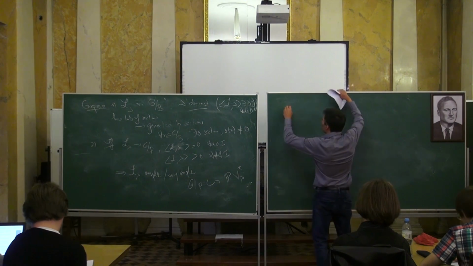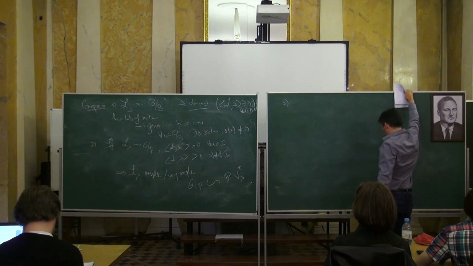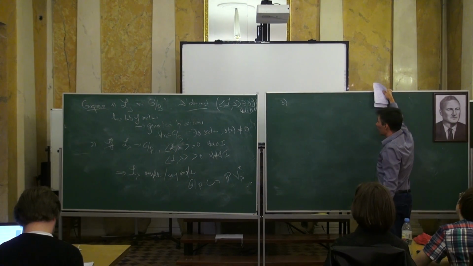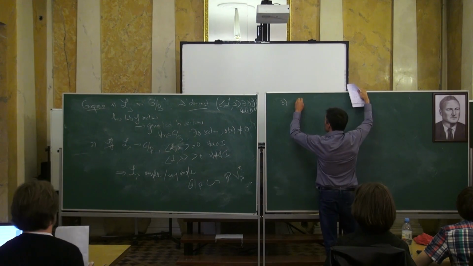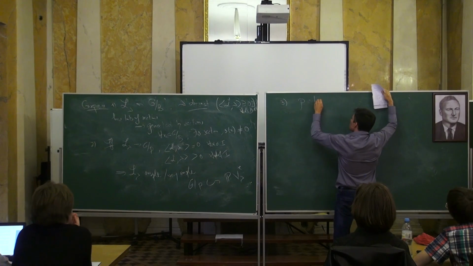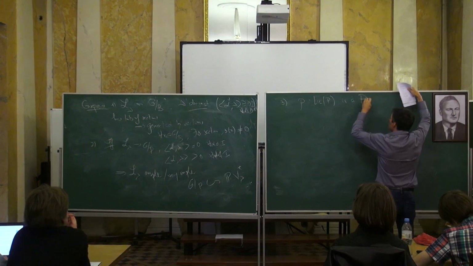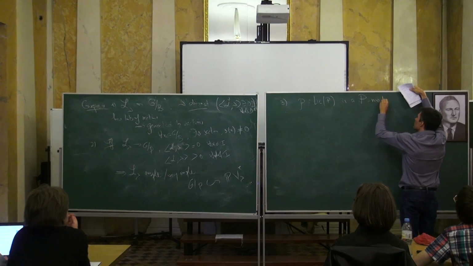So in particular, oh yes, I could have defined a special P module, which is the Lie algebra, with the adjoint action.